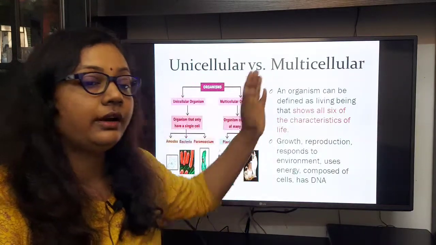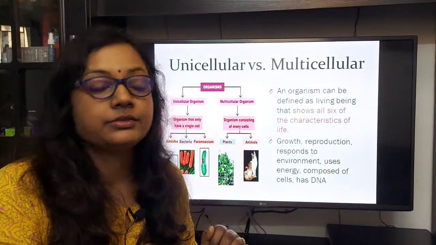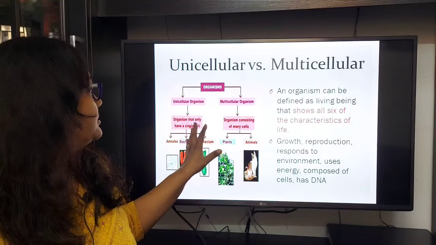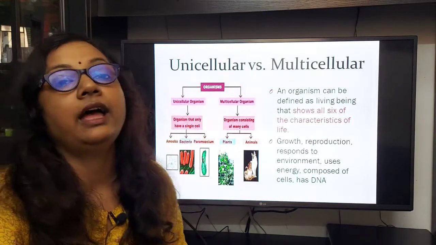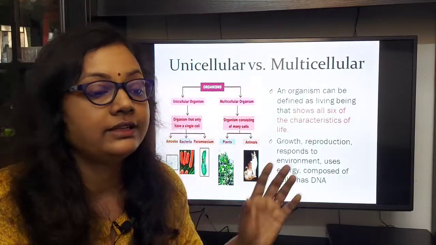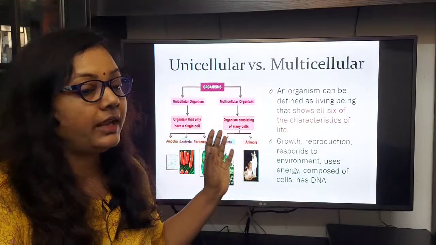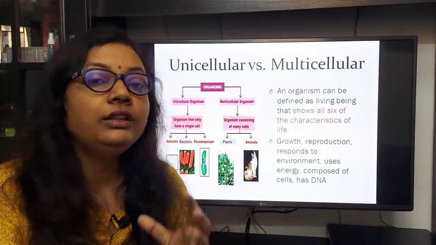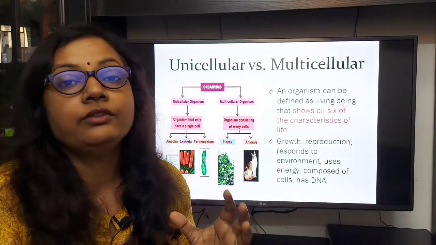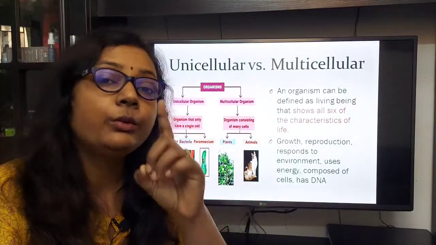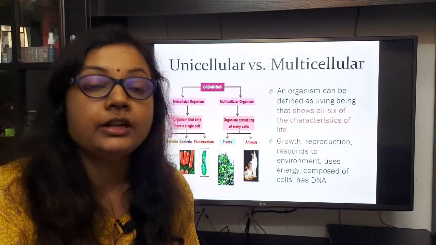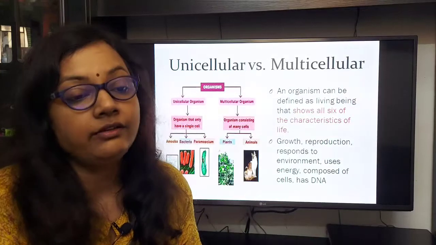Now let us discuss unicellular and multicellular organisms. Unicellular organisms are the organisms that have only one single cell, for example, paramecium and amoeba. All the necessary body functions are performed in one single cell, for example, movement, nutrition, reproduction and respiration.